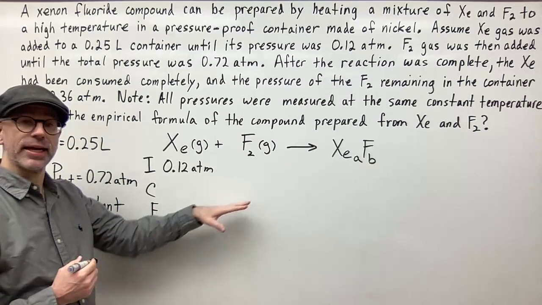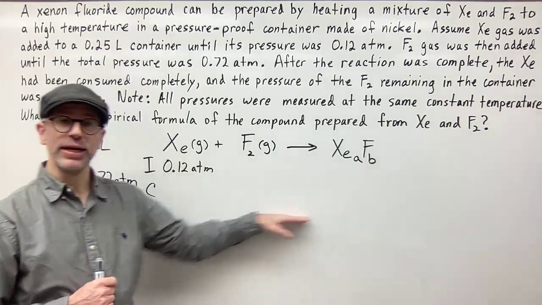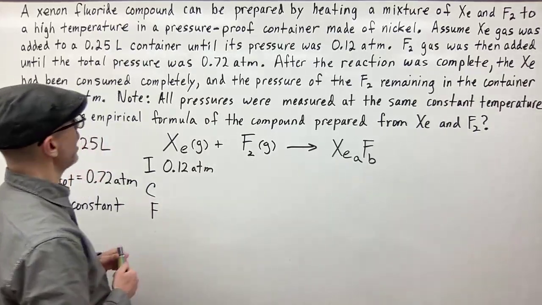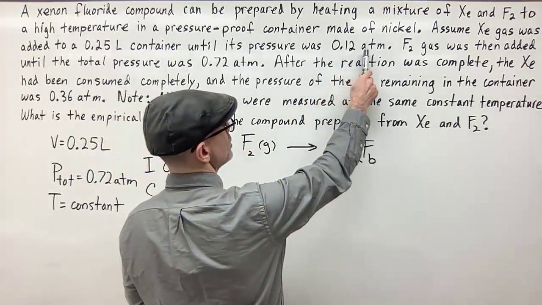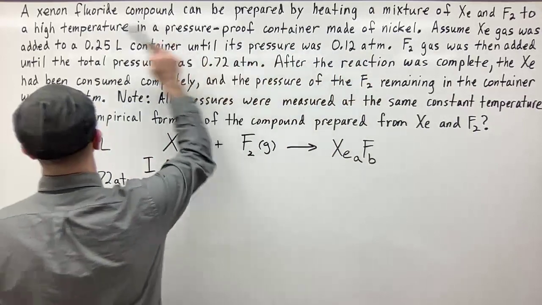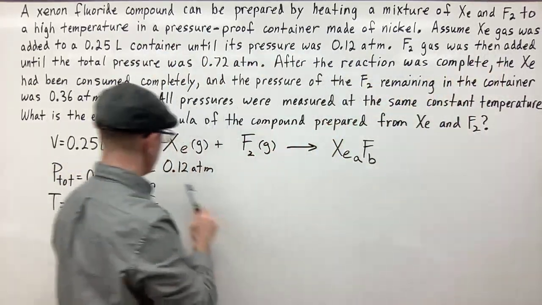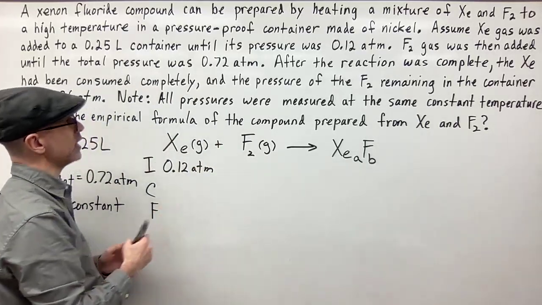C is the change, and F is the final amounts that we end with after the reaction. So we're told that prior to the reaction, the pressure of xenon gas was 0.12 atmospheres. So that's what I have here: 0.12 atmospheres of xenon gas.